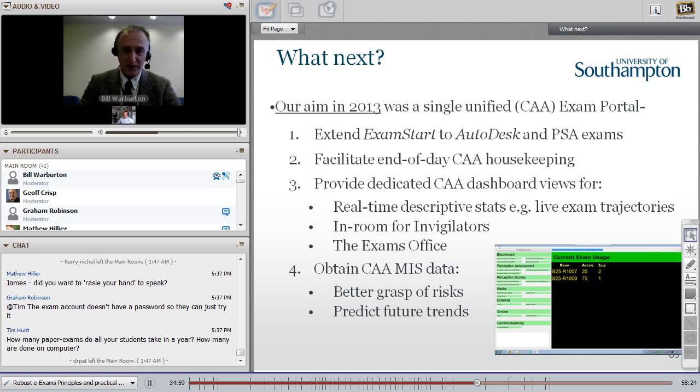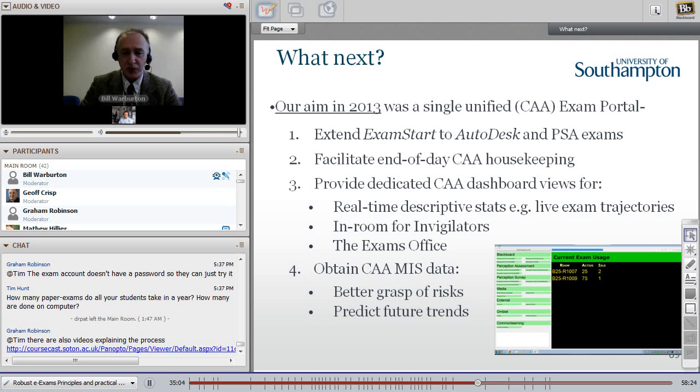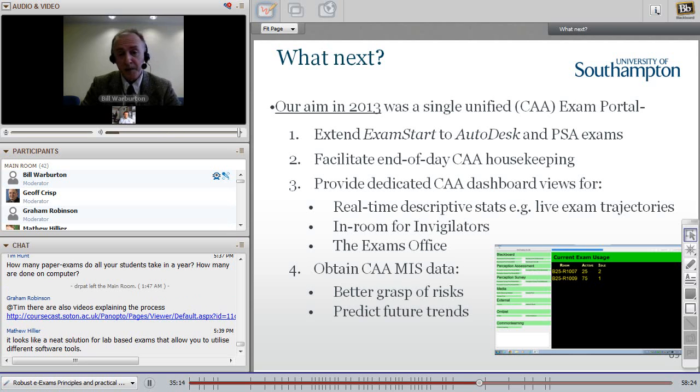We also wanted to produce some management information services data, the kind of thing that senior managers like, partly to have a better grasp of the risks, because we all worry about the risks, the threats. And we also wanted to get a bit of a handle on where the future trends are.